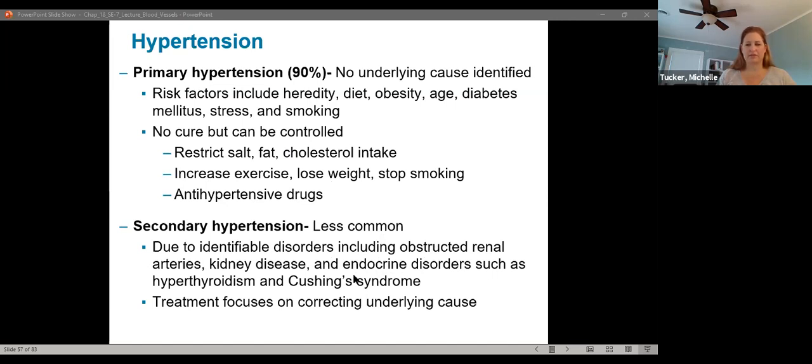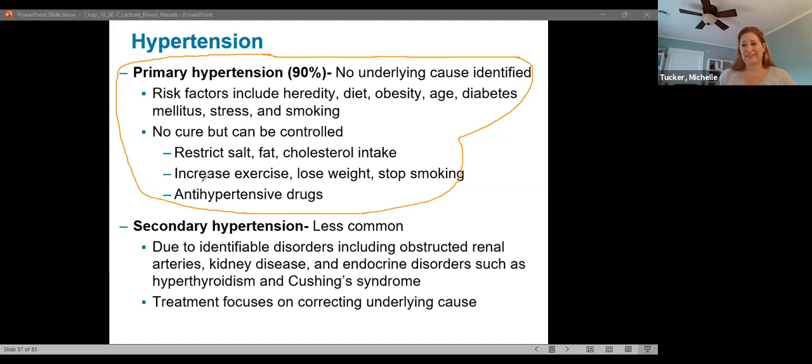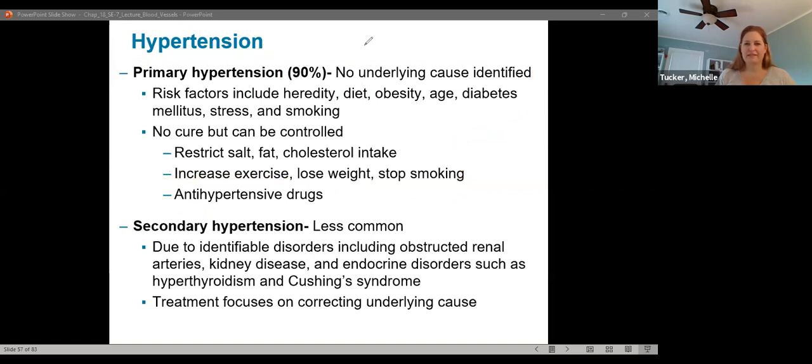So these are focused on correcting the underlying cause. Usually in this class, we tend to focus more on the primary one, because if you are working with probably anyone over the age of 40 or 50, you may be involved with administration of antihypertensive drugs. So know the risk factors, know that this is the most common. Okay.